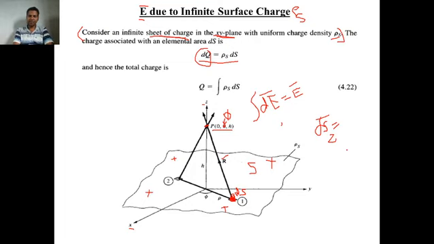Obviously in this derivation you have to use the cylindrical coordinate system. The three differential lengths are dr, r d phi and dz. So ds z bar can be obtained by multiplying the first differential length, that is dr, and the second differential length, that is r d phi.